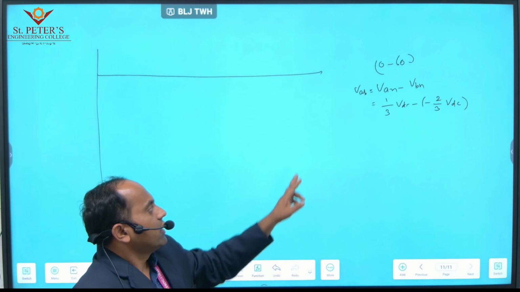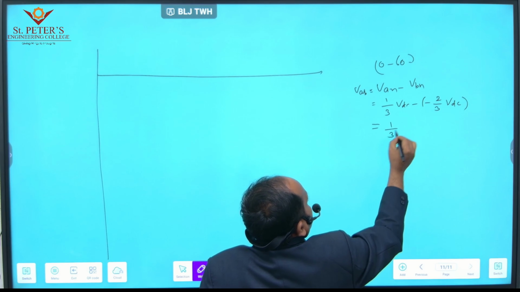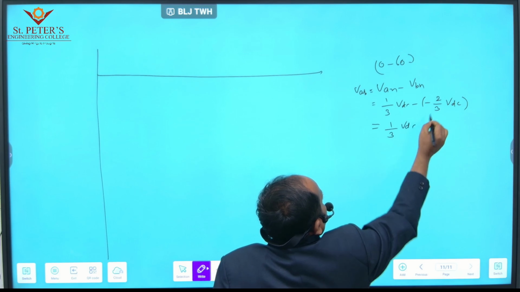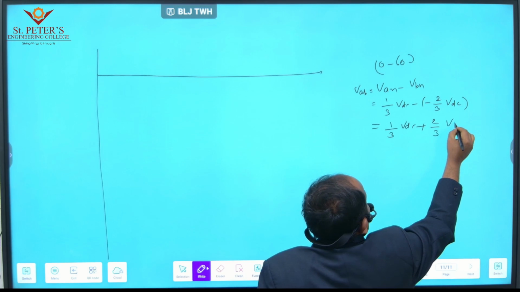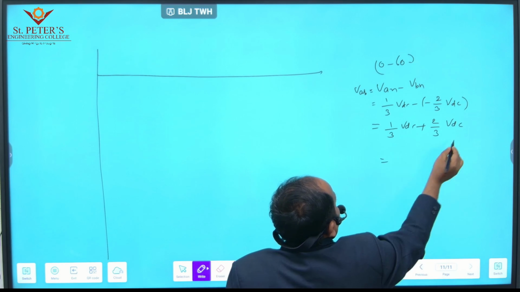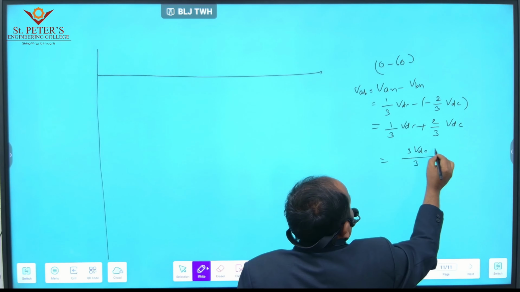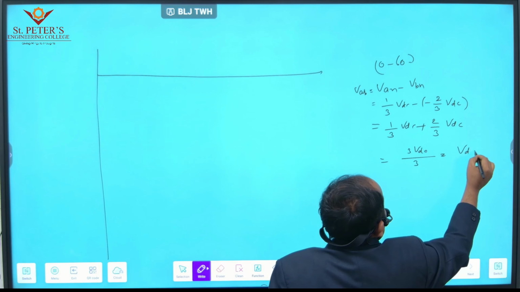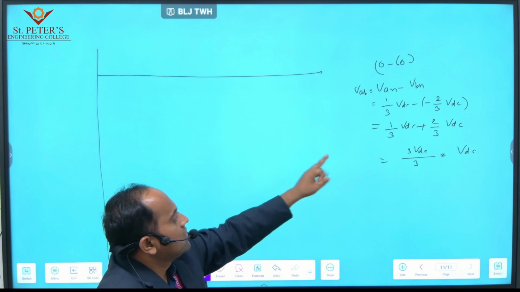Calculating VAB: 1 by 3 VDC minus minus, that is plus 2 by 3 VDC. Finally we get VDC from 0 to 60 degrees.